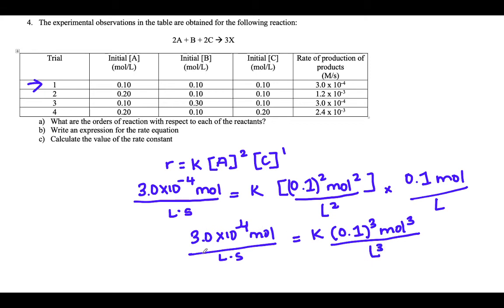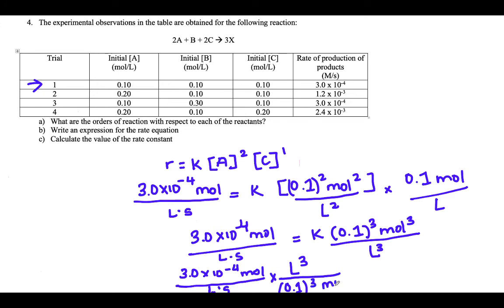When we take this over to our other side, 3.0 times 10 to the negative 4 moles per liter times second. Because of order of operations, I want K to be the only thing left over on this side of my equal sign. So L cubed goes on top, and then I've got 0.1 cubed mole cubed.